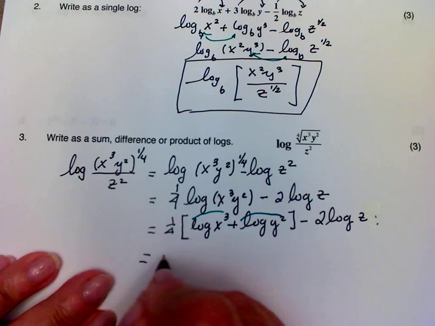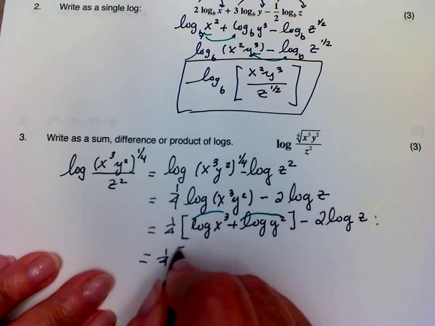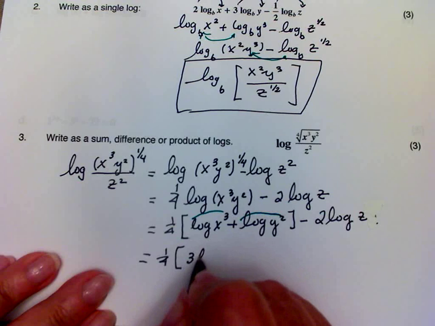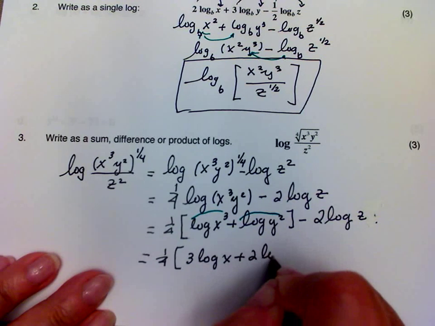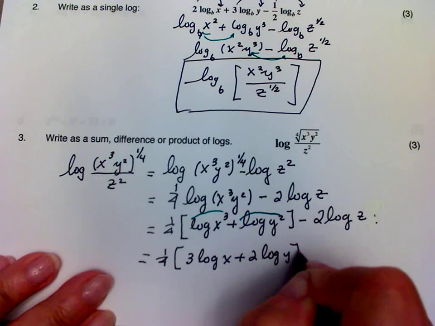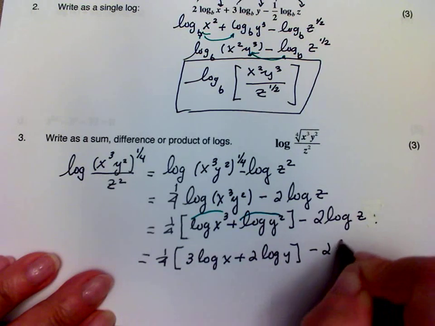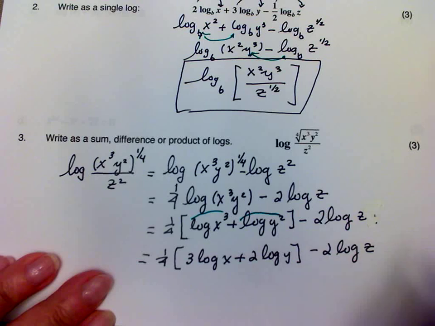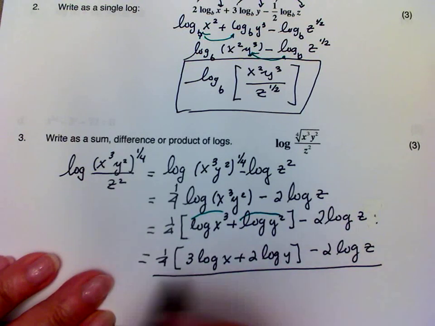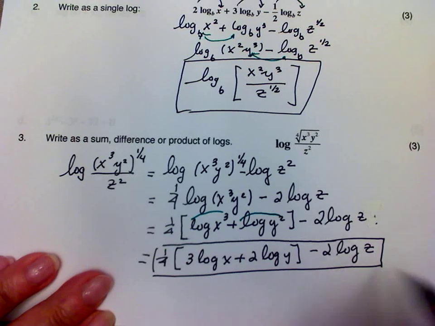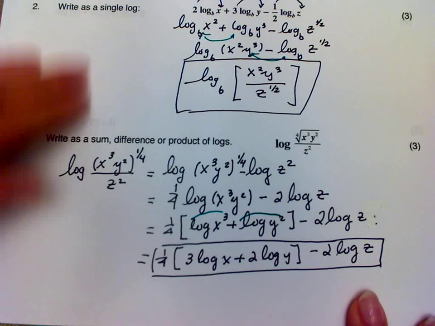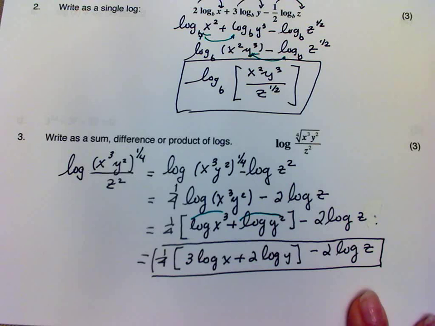So this becomes 1/4 times 3 log of x plus 2 log of y, minus 2 log of z. And that could be my final answer. Some of you had other iterations of this, but that would be fine all by itself.